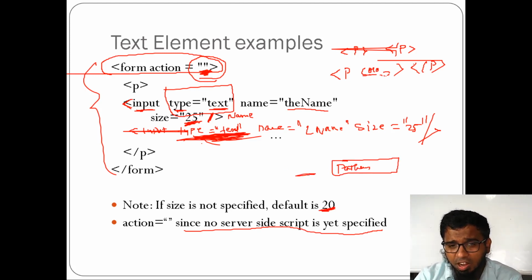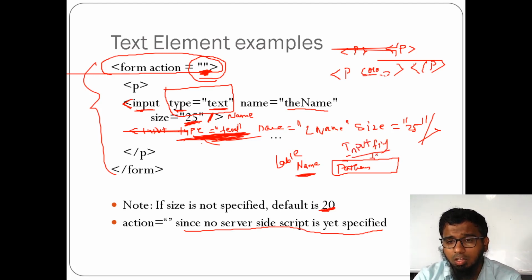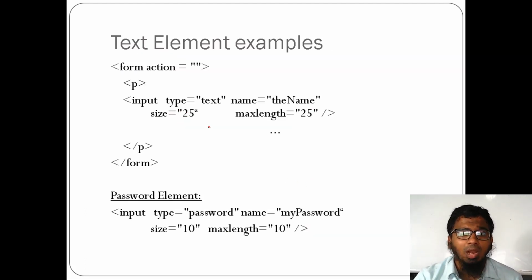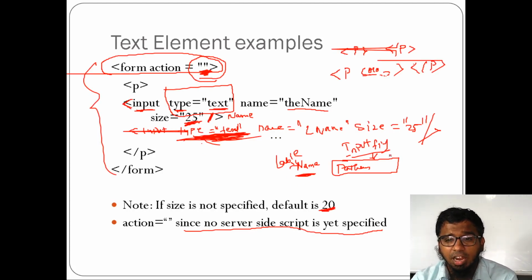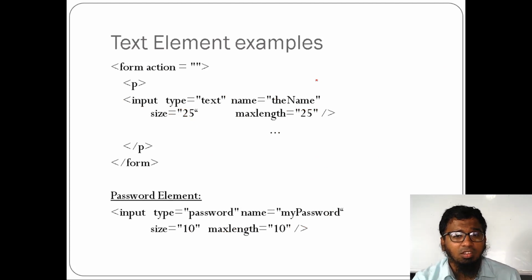You must write it here. So this is called the label, name, and this is called the input field. This one is an input field and this is a label. How to encode the label as well as the input field, I will show you in the next slide.